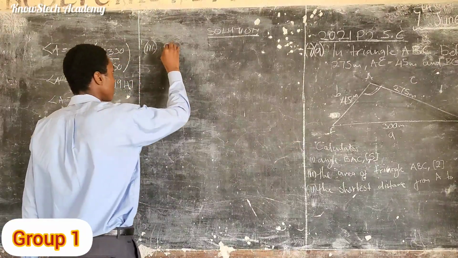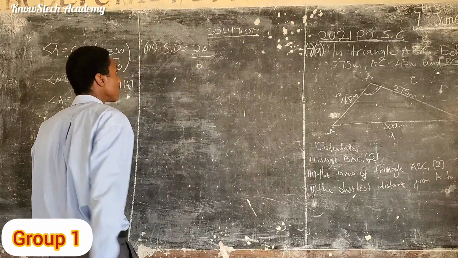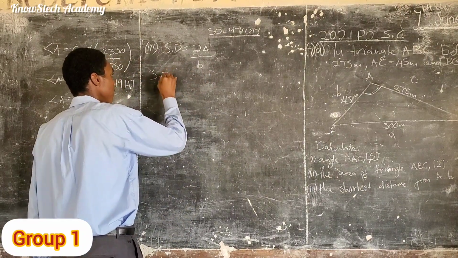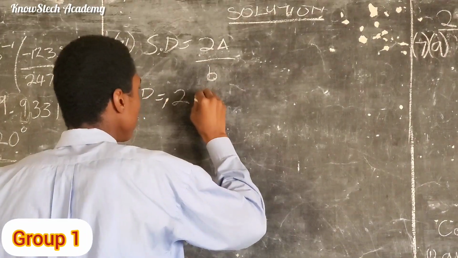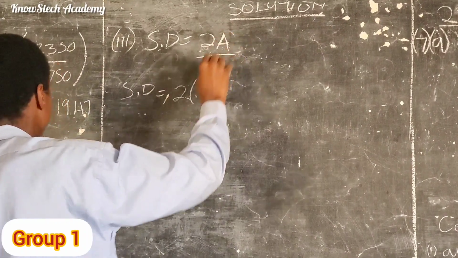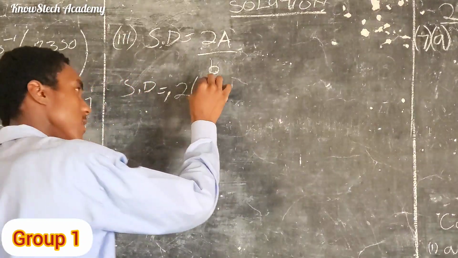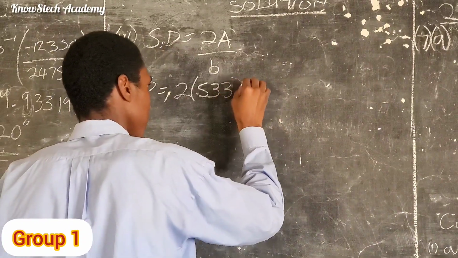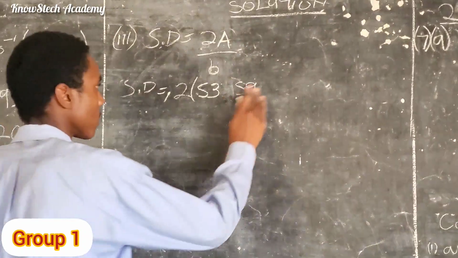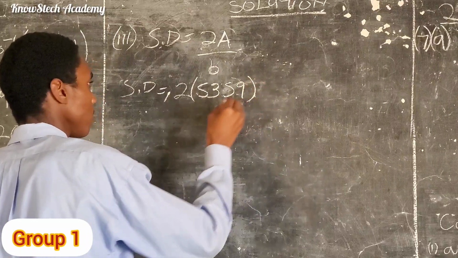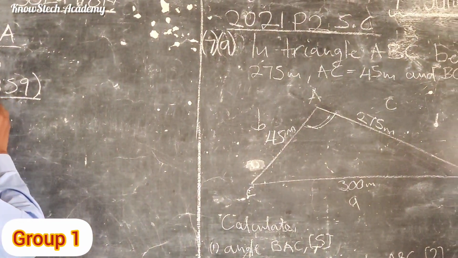The formula for shortest distance is SD equals 2A over B. We've been told to calculate from A to BC, so BC is going to be our B. Upper we put in the area, because this A stands for area, and what did we find for area? 5,359. This is our area, and our B is 300.